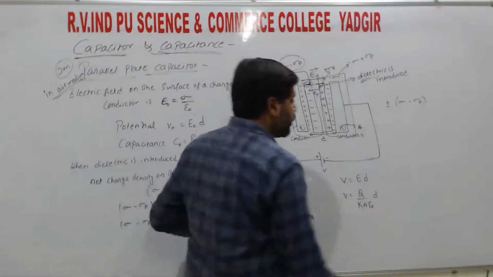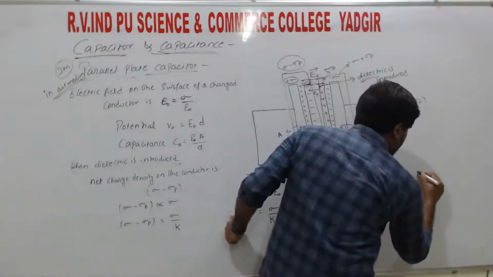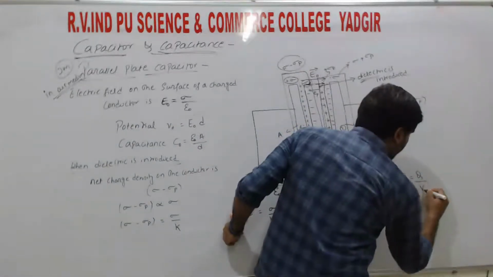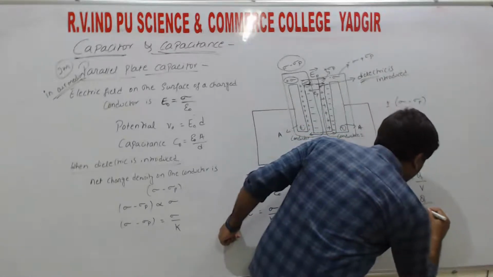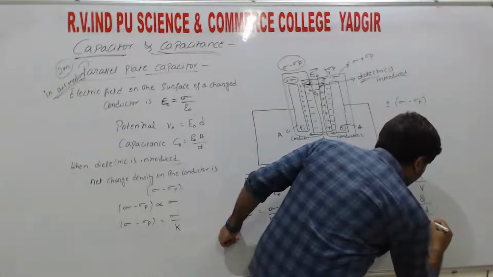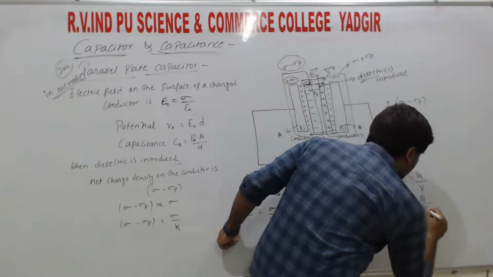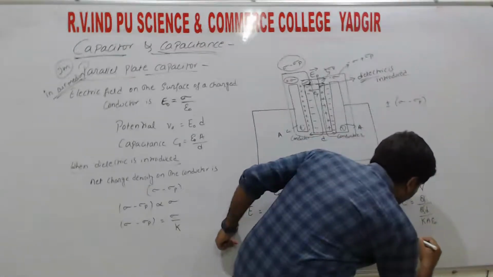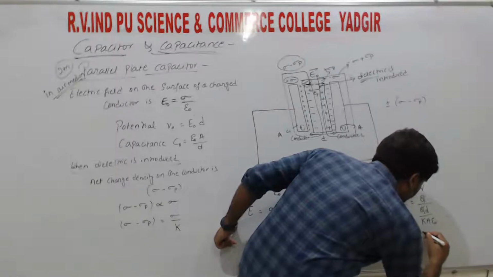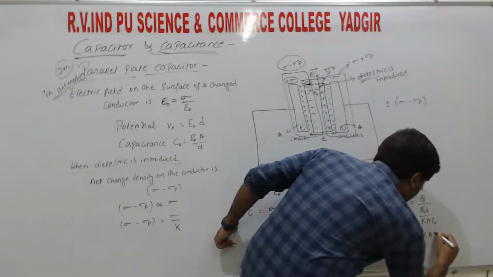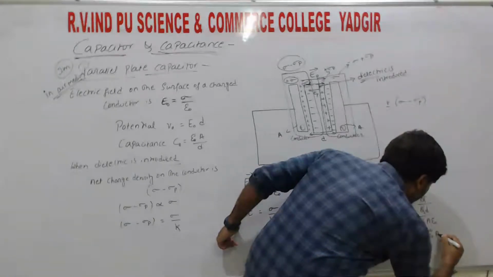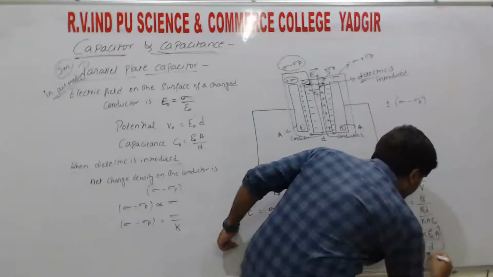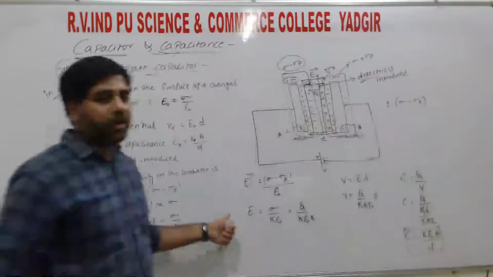Now the capacitance C is equal to Q divided by V, so C is equal to Q divided by Q D over K A epsilon naught. Q gets cancelled, so the capacitance C is equal to K epsilon naught A by D. This is when the dielectric is introduced.